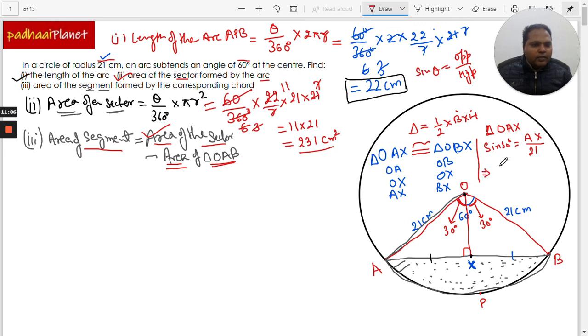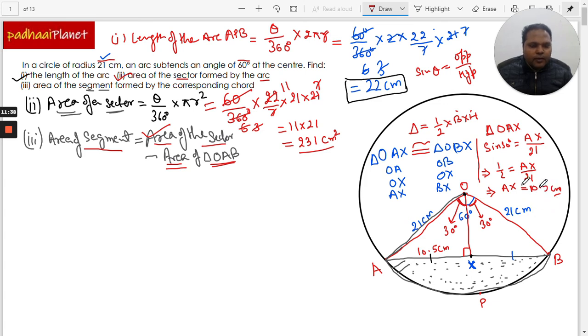The value of sine 30 is 1/2, so 1/2 is equal to AX upon 21. So we can say that AX is equal to 10.5 centimeters.